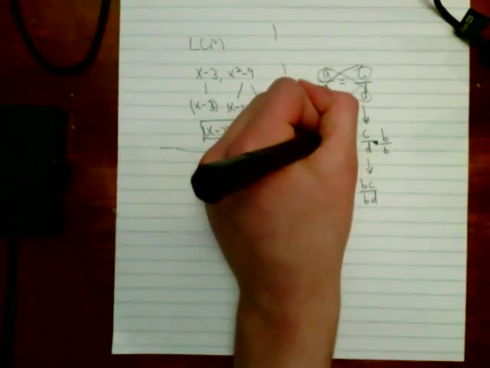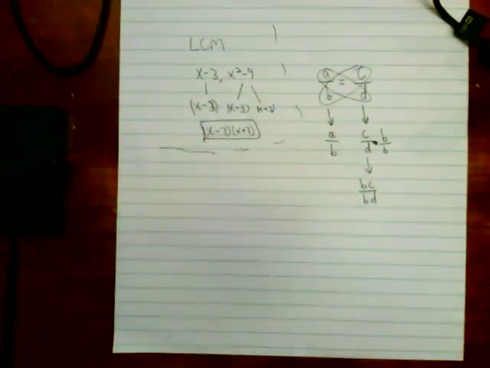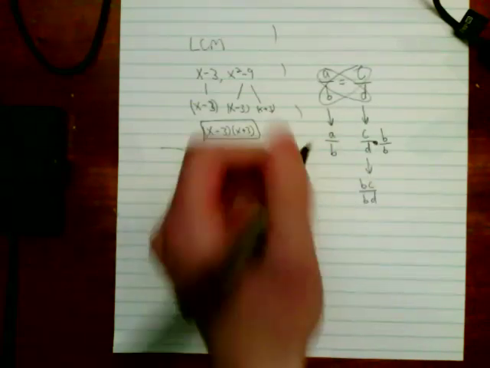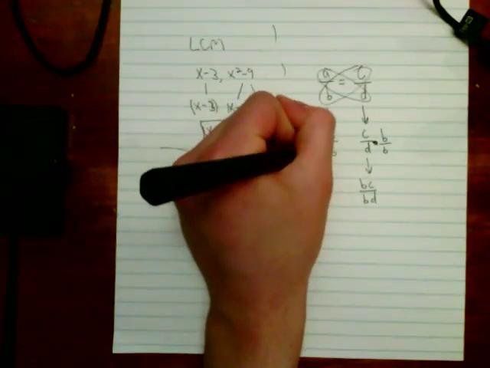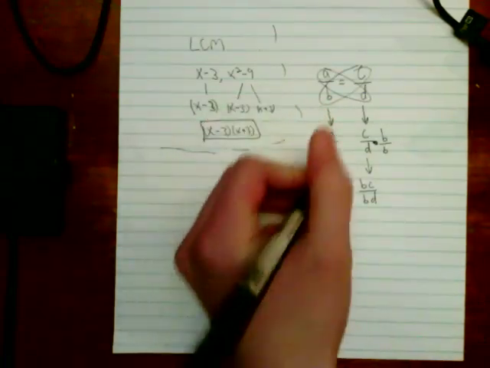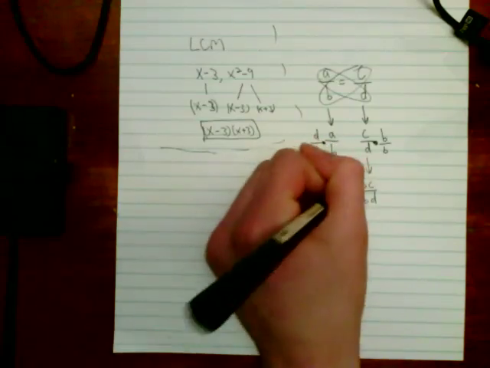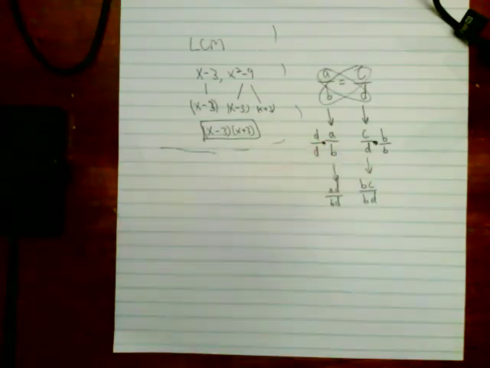And then a over b, in order to get the same denominator as this fraction, would have to be multiplied by d over d. And then you would get AD over BD. And that's your new thing.